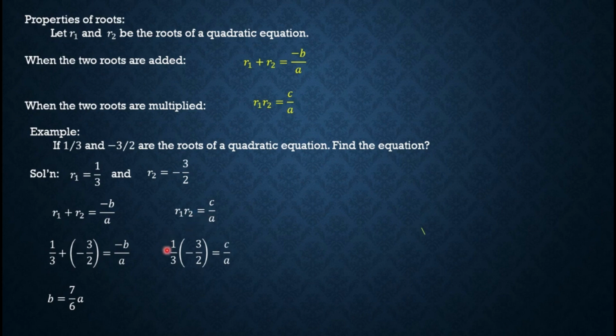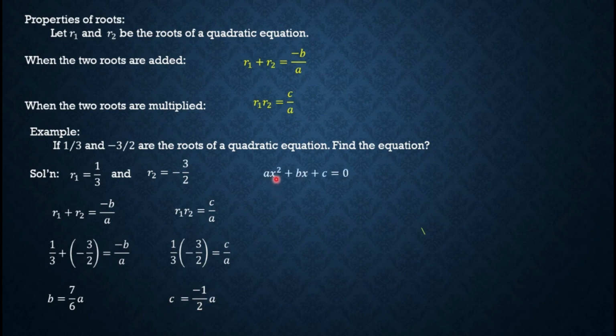So 1/3 times the quantity of negative 3 over 2 is equal to c over a, where c is equal to negative 1 over 2 a.